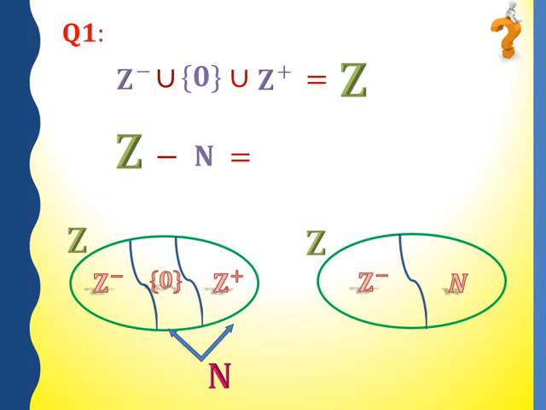From this, I can find that the set of integers minus the set of natural numbers gives me the set of negative integers, Z negative.